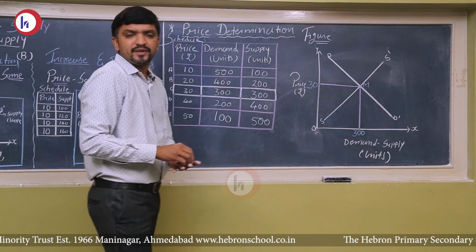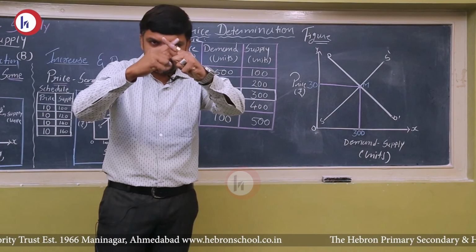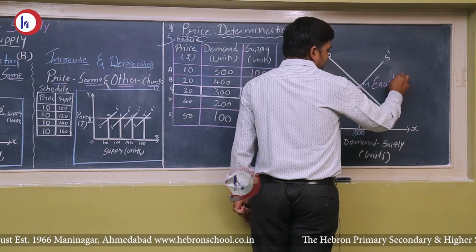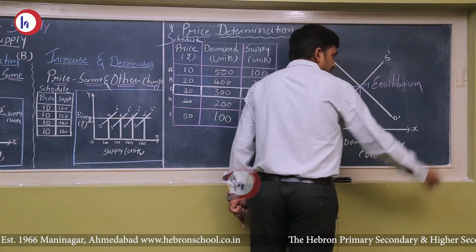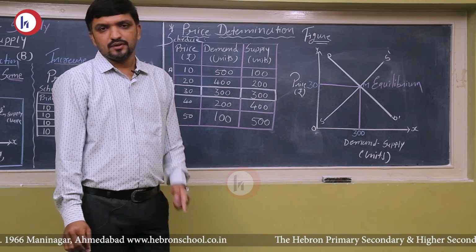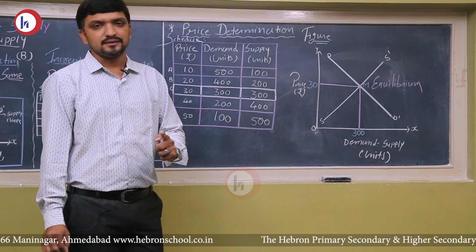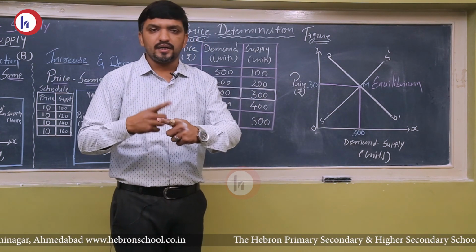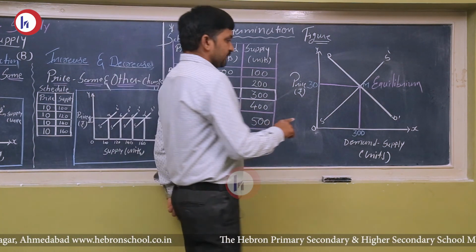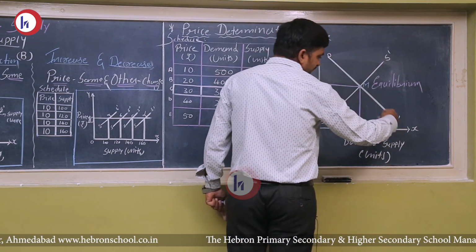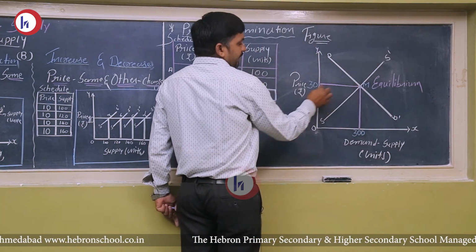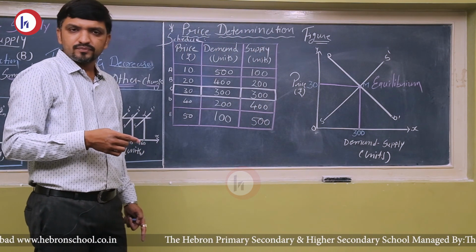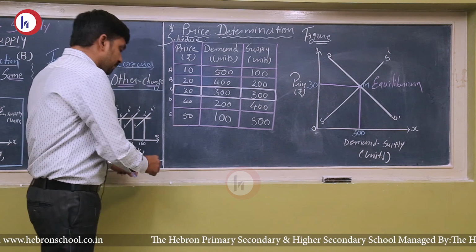And the demand curve and supply curve intersect each other. This point is known as the equilibrium point. That is, this is the point where the two curves intersect each other and the price is determined. See, this is the supply curve, this is the demand curve. Here at rupees 30, a producer is ready to supply 300 units and a customer is ready to buy 300 units.